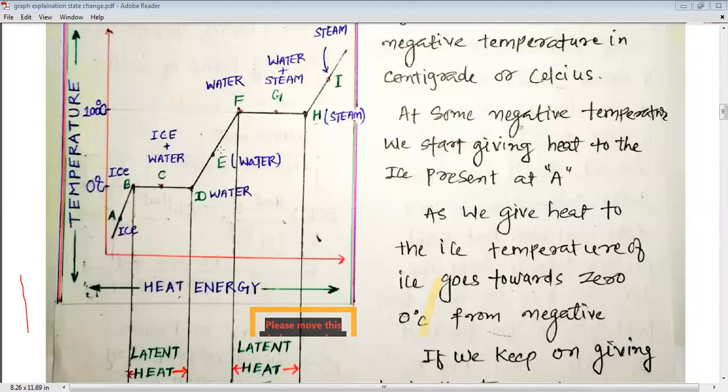As the temperature keeps on increasing, the time comes when the temperature of 1 kilogram of water reaches 100 degrees centigrade or 373 Kelvin.